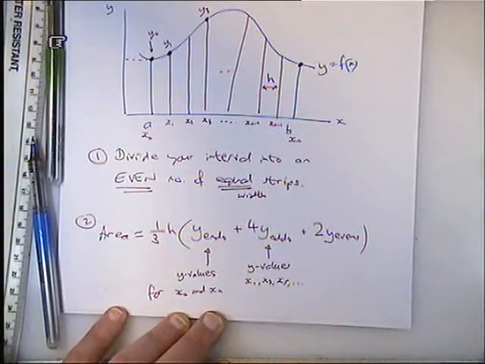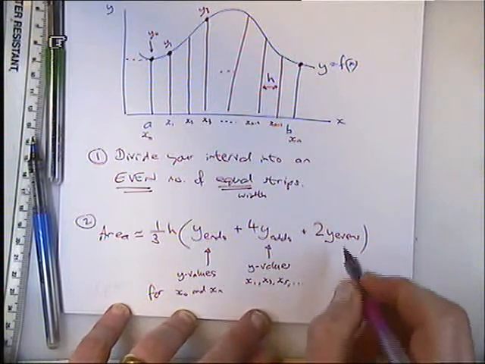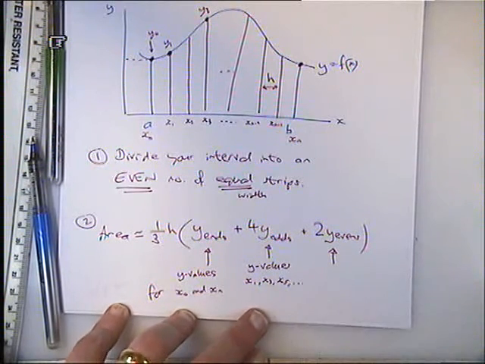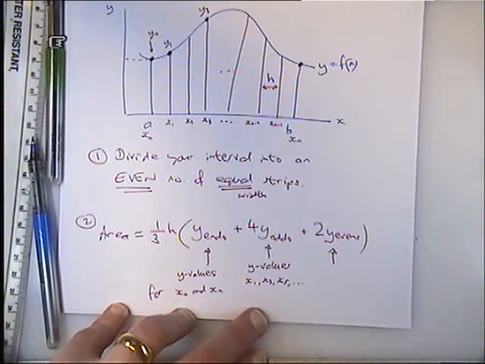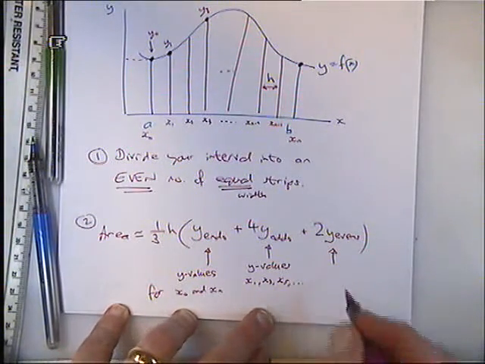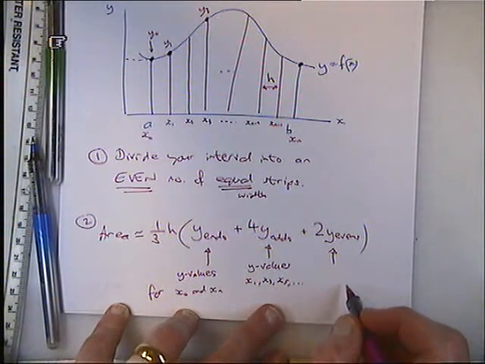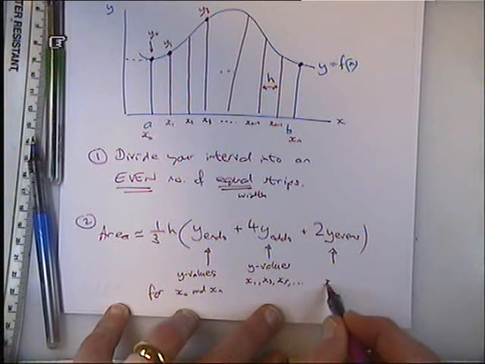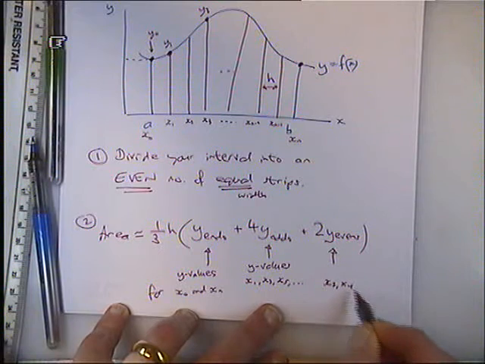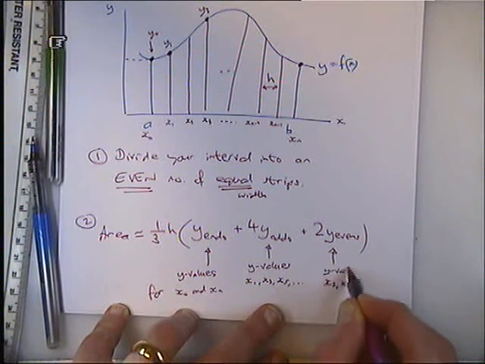Happy so far? So, do I need to explain what the evens are? What are the evens going to be? Yeah, it's the y values that go with the even x's, x2, x4, etc. It's their y values.